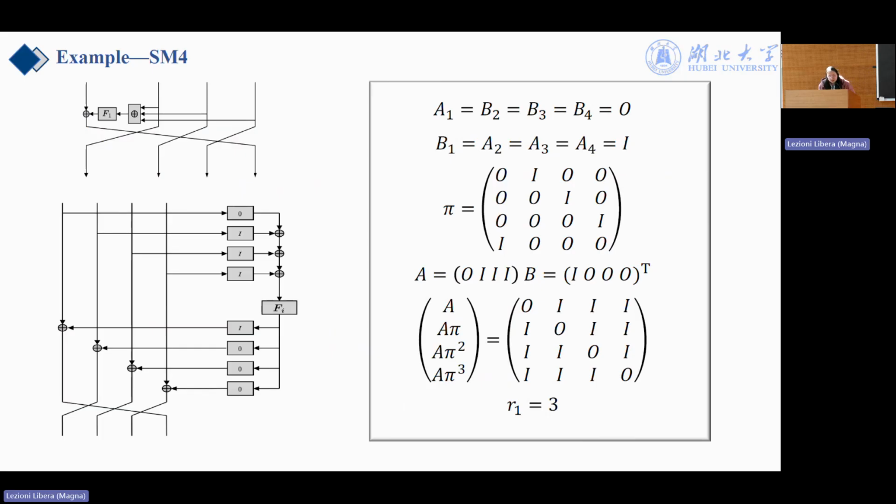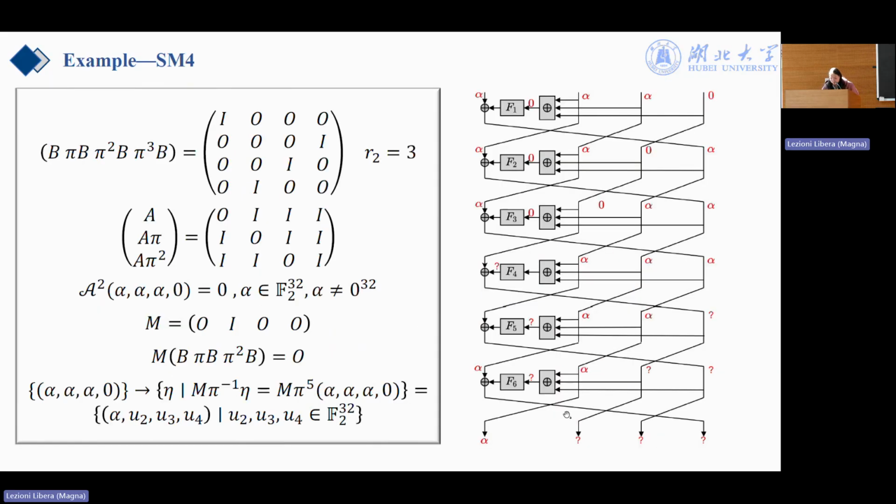For example, we can take the SM4 structure as an example. We can compute R1 equals 3, and we can compute R2 equals 3, and finally we can find a 6-round truncated differential with probability 1, just like these figures present.